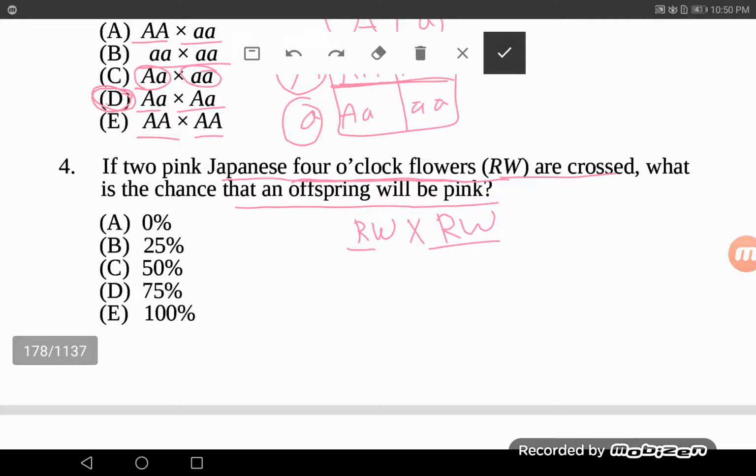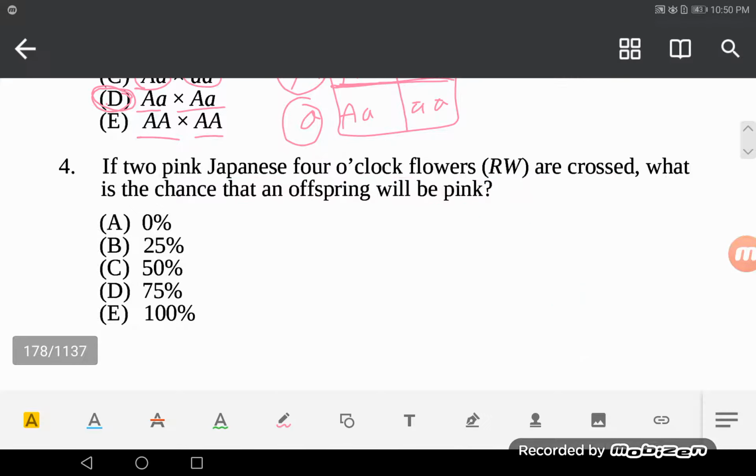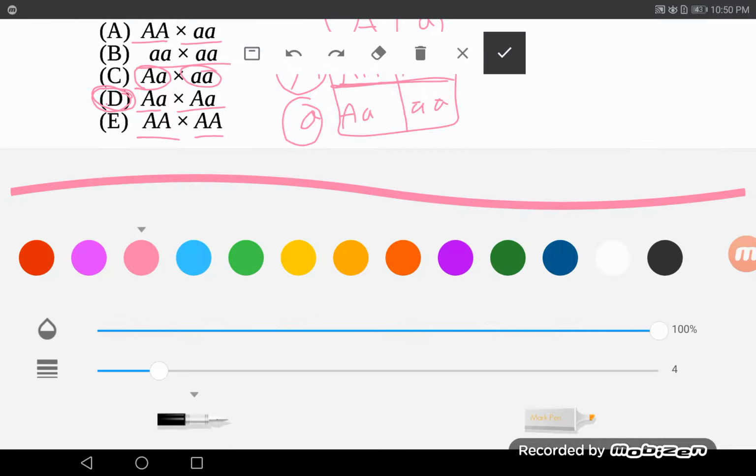When we are doing the crossing process, we have to make a Punnett square. This is for the first flower and this is for the second flower. Now let us cross them. Let me change the color of the pen that I am using. Let me choose this one.